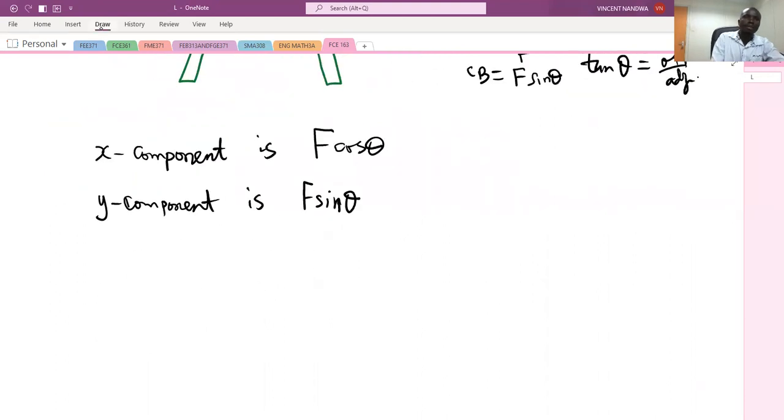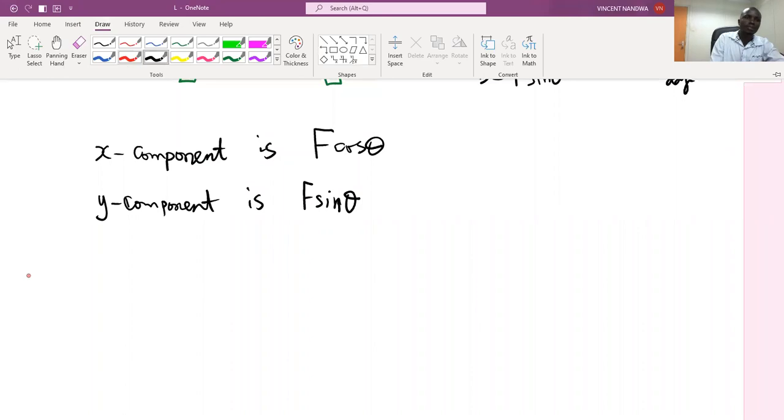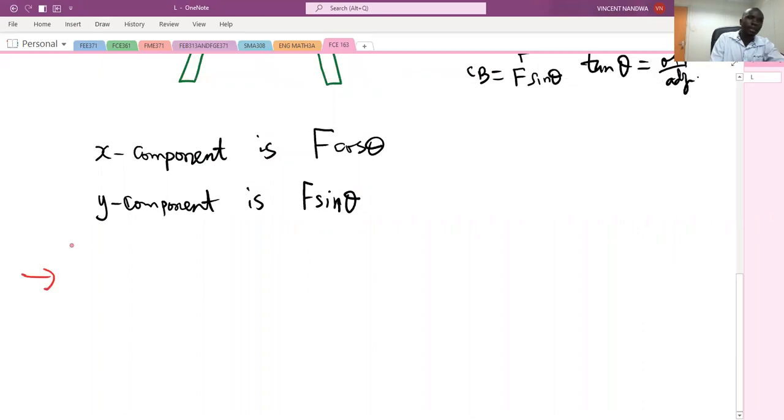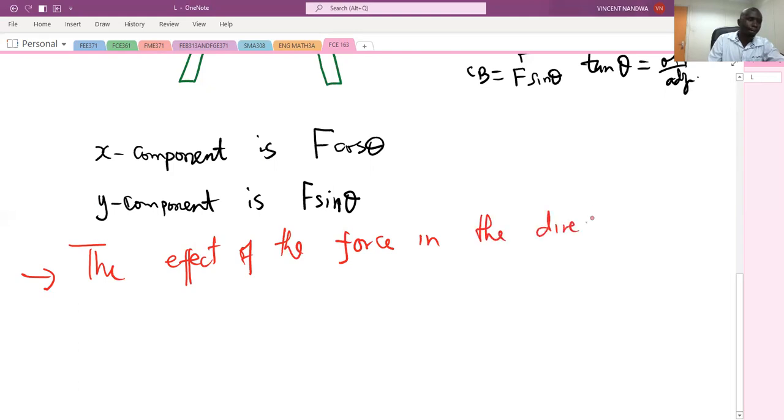Another key point to note when you are resolving forces is that the effect of the force in the direction of motion is the length AB.